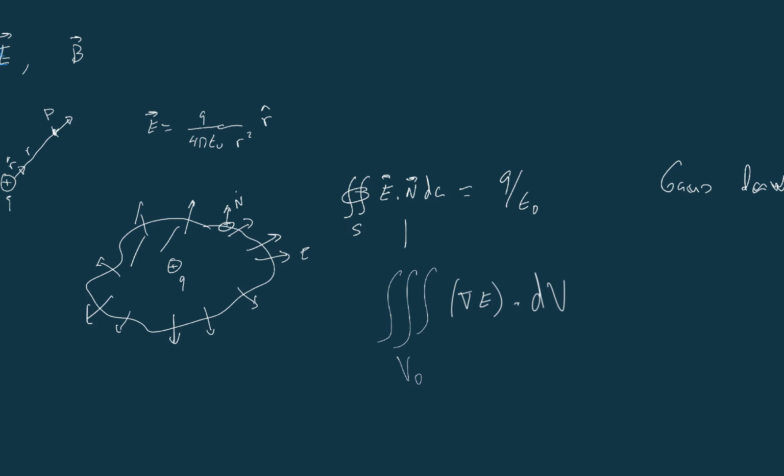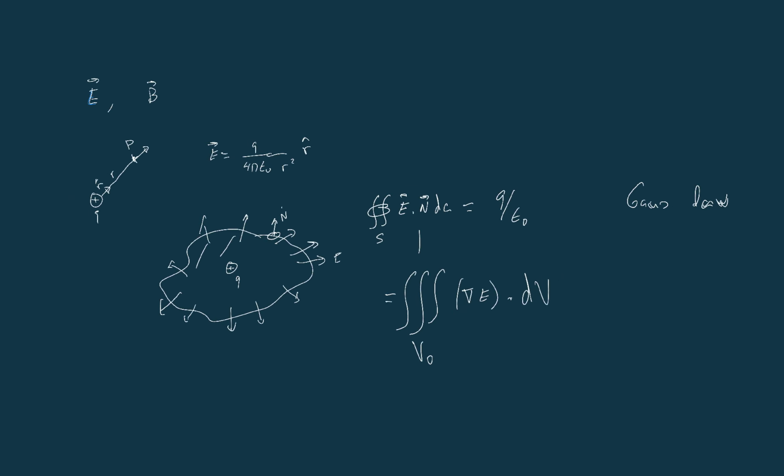If we compare these two equations, and very important, if what I have said is valid for any kind of surface that I construct around the charge, then the first Gauss law, the first Maxwell equation, will say that the divergence of E is rho divided by epsilon sub 0.